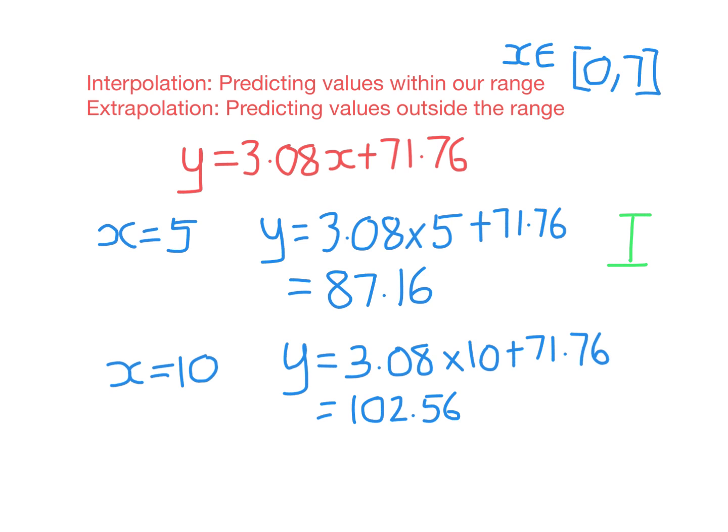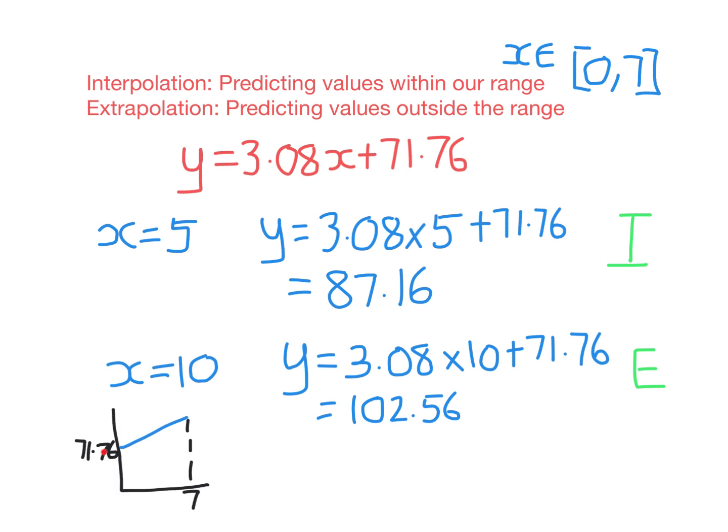So this is an example of extrapolation. We have to be careful here because 10 is outside the range, and we seem to have got this absurd result. Because in our original data, we only had x values from 0 to 7, this equation really is only valid for x values within that range.